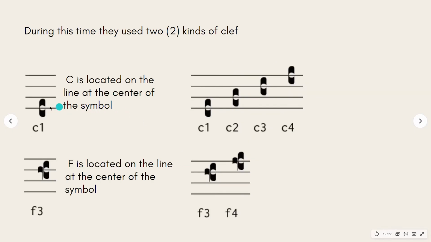So using the C clef, we will know the location of the C on the staff. By looking at the symbol, you will identify that your C is located at the center of the symbol. So if this is your C clef, your C should be this line.